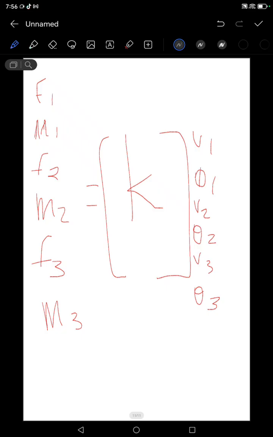Remember, we don't have the force, we don't have the moment, we have the UDL, which is 24 kilonewton per meter. So how are we going to use this 24 kilonewton per meter to get the force and the moment?